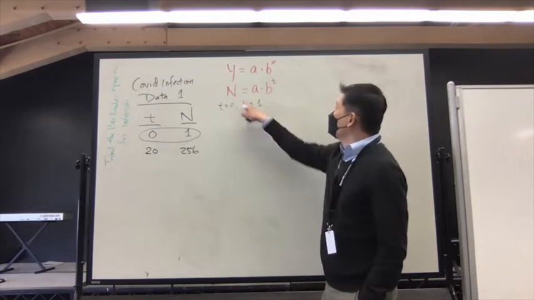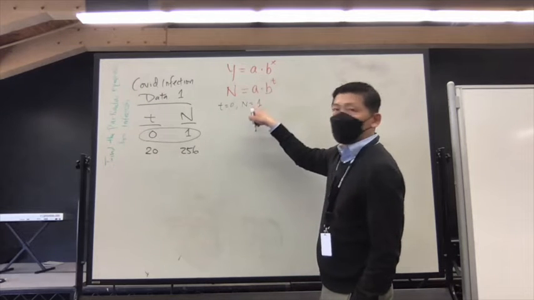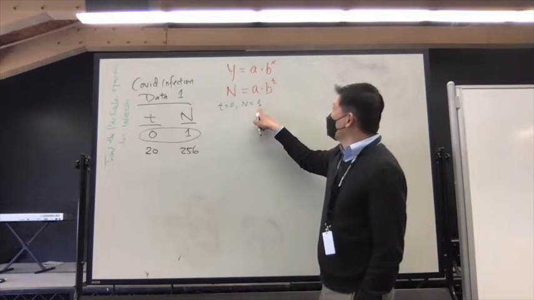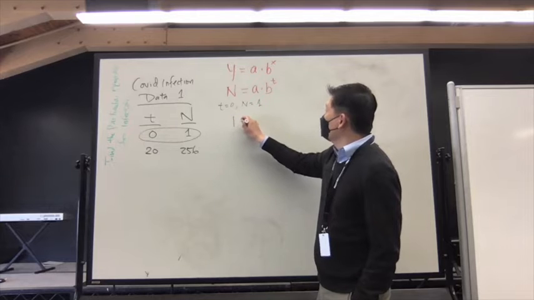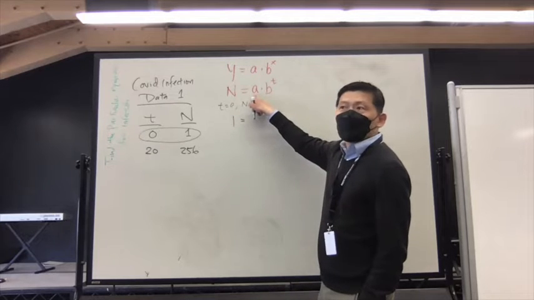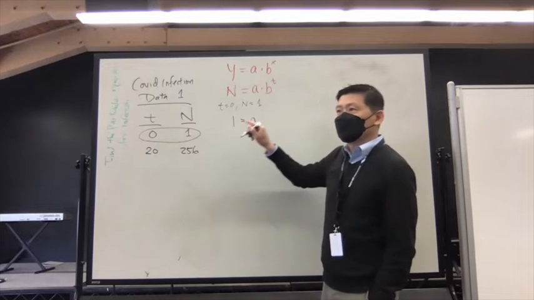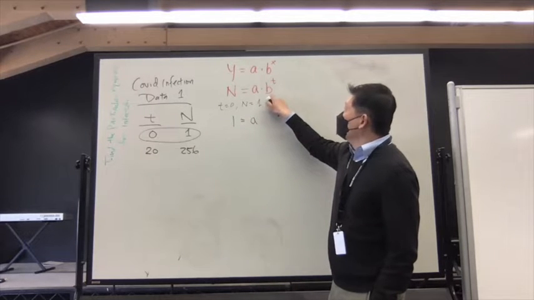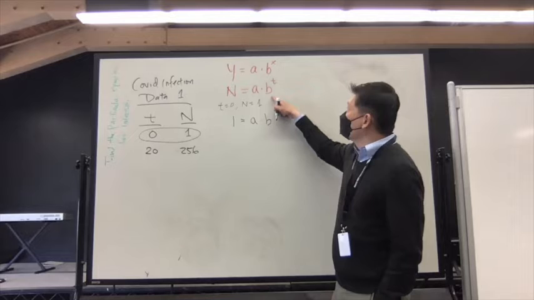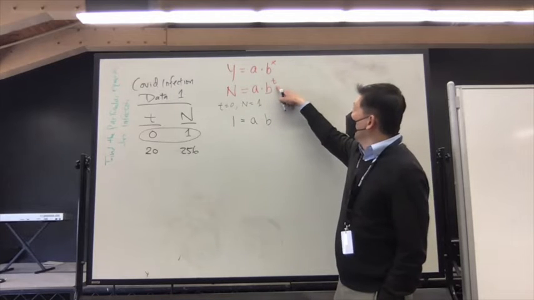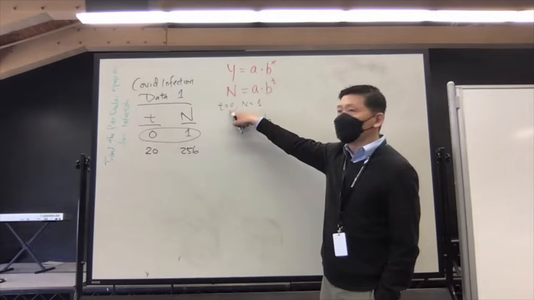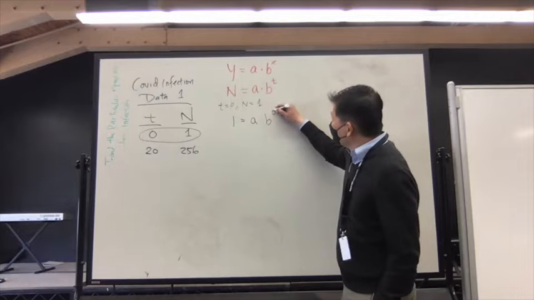So you put these two numbers into this equation. So put 1 in for n. We don't know what A is, so we write A. Jack, look at it over here. B, we don't know what B is, so we write B. Do we know what T is? T in this case is 0, so yes.